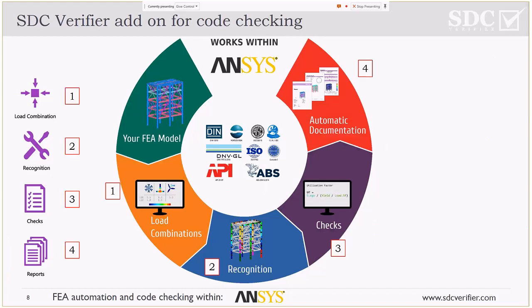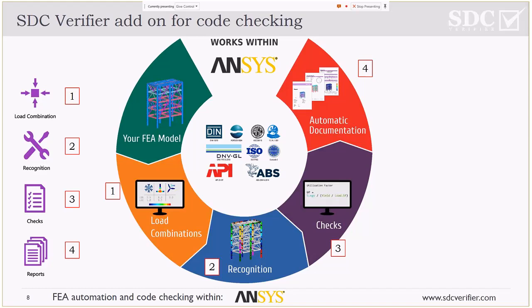So now we go back to the... I think we discussed the full functionality of SDC Verifier, and the nice thing, which I cannot point out enough, is that is the extra time-saving benefit. If you have your model set, if you have your calculation setup done within SDC Verifier, the design process is only: okay, I make changes to my FEA model, and then I can click on rerun.